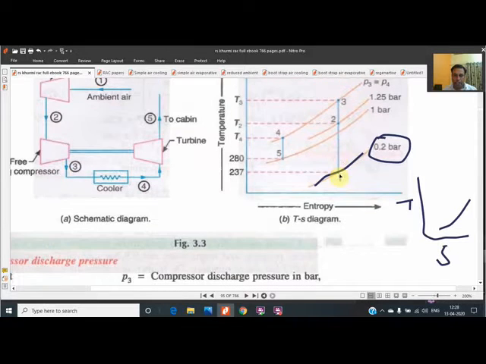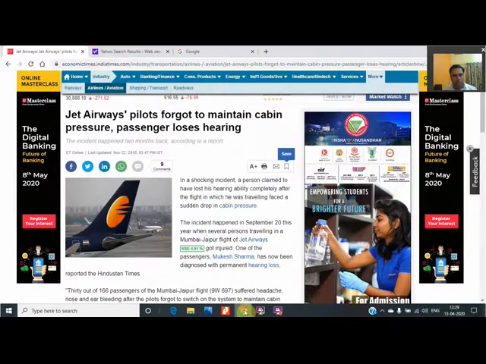And if at this pressure you give cold air to the passenger, it will be hazardous for the passenger. So that's why the air is compressed, cooled, and expanded to what pressure? 1 bar pressure, and then it is given to the passenger. I have told you in a previous lecture, if air pressure is not maintained, what will happen?